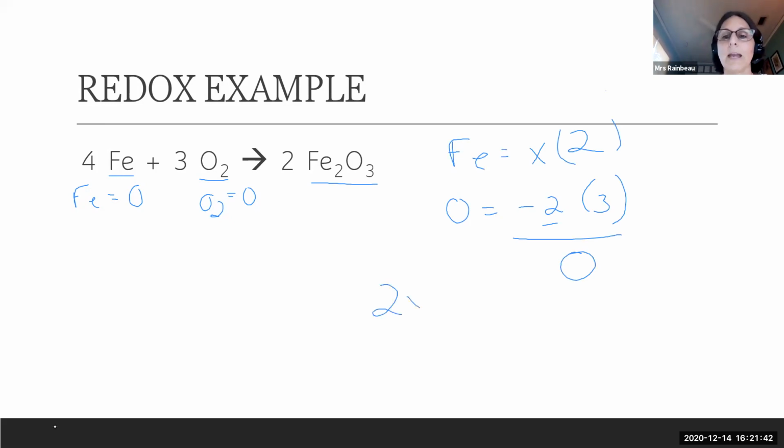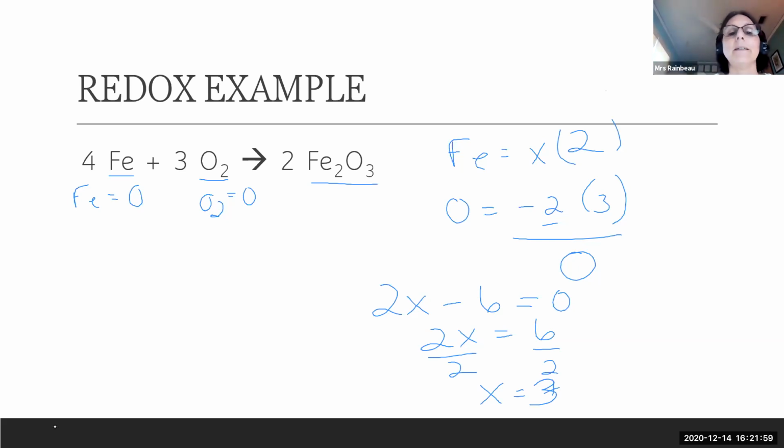So it's 2x minus 6 equals 0. So we solve for x, okay? Divide by 2, x equals 3. So what this is telling me is that for iron(III) oxide, the iron is +3 and the oxygen is -2, okay?